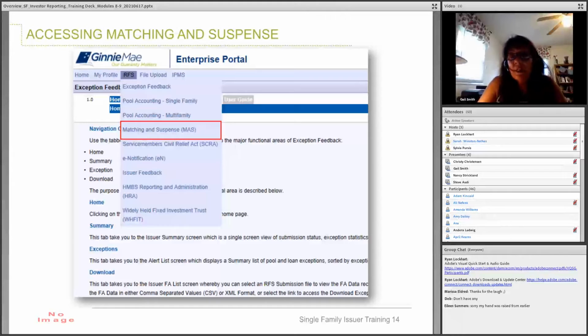Does anyone raise your hand if you have subservicers? And do they do your non-matching research? Okay, thank you, Adam. Okay, thank you, Suzanne.